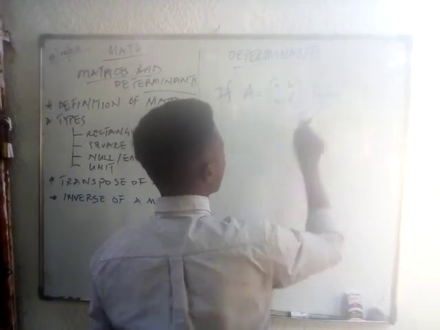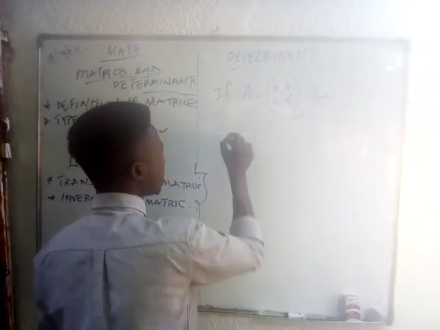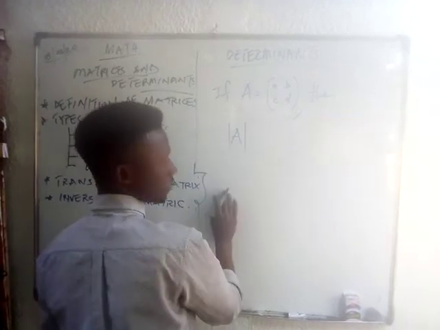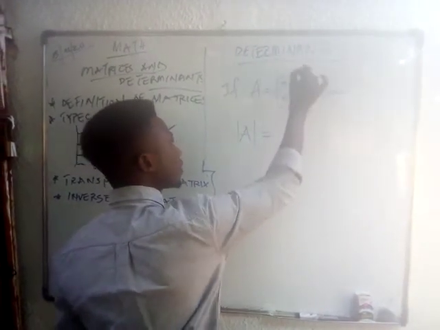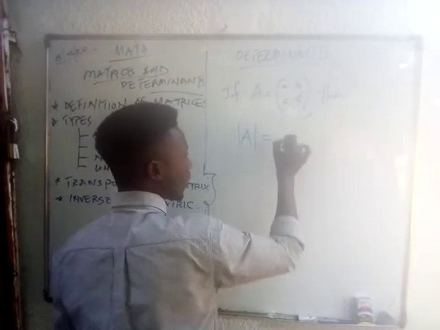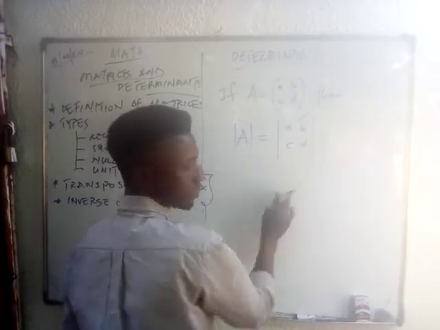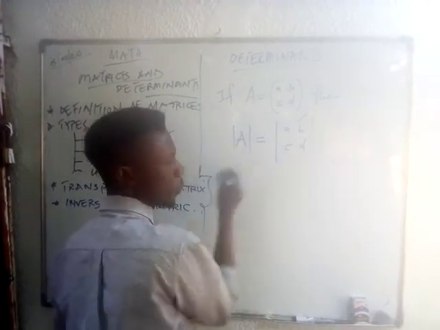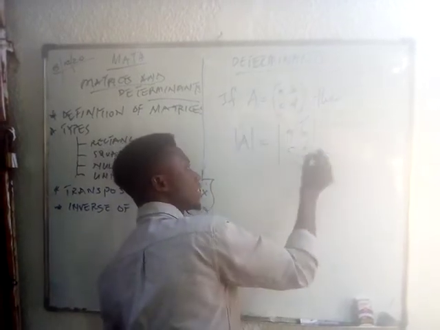Then the determinant of A has to appear as this, which means in the place of these braces or brackets, I'm going to have what? A stroke. And then what's going to happen here? It is simply, you look at these two diagonals.